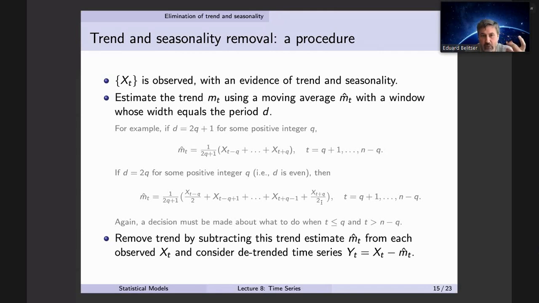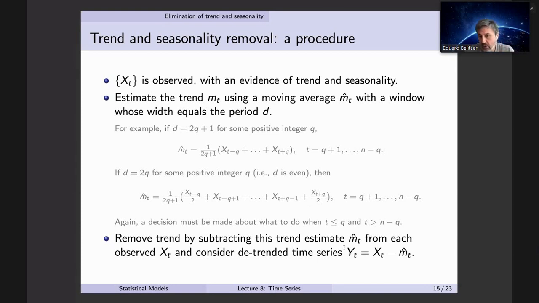Because we don't have 2Q plus 1, we have 2Q, so we split them into Q and Q, and then we still make 2Q plus 1. But the last ones are sharing the weight 1. So it's a small adjustment. This is what we can do, and then we just apply this procedure.